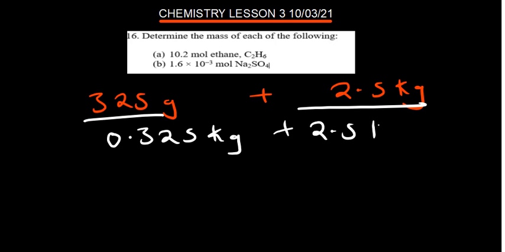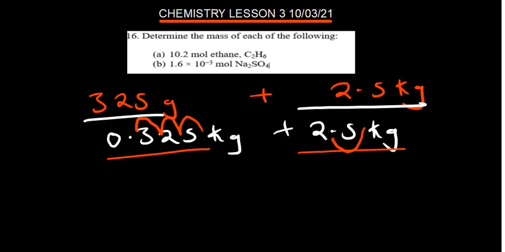So you need to understand the rules that apply to significant figures. Whenever you're adding or subtracting numbers, in terms of addition and subtraction, you consider the least number of decimal places. So in this case, the least number of decimal places is 1 from the 2.5, because this one has got 3 decimal places, so we consider the least.